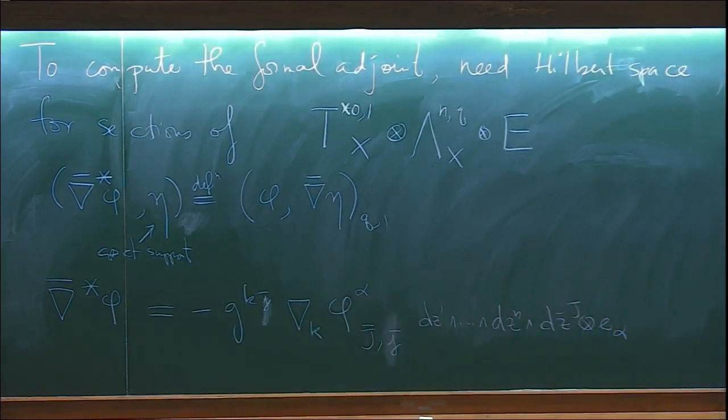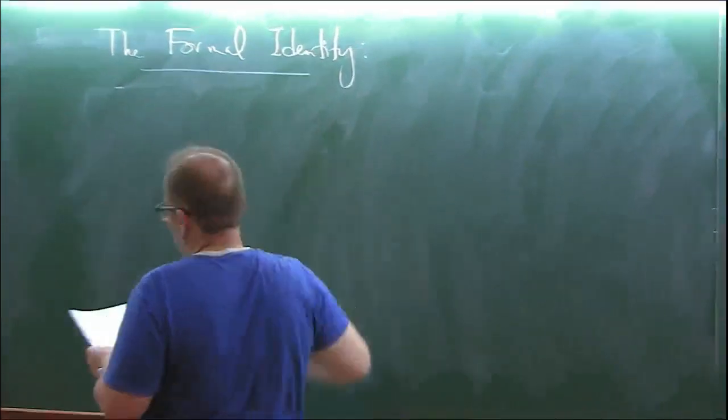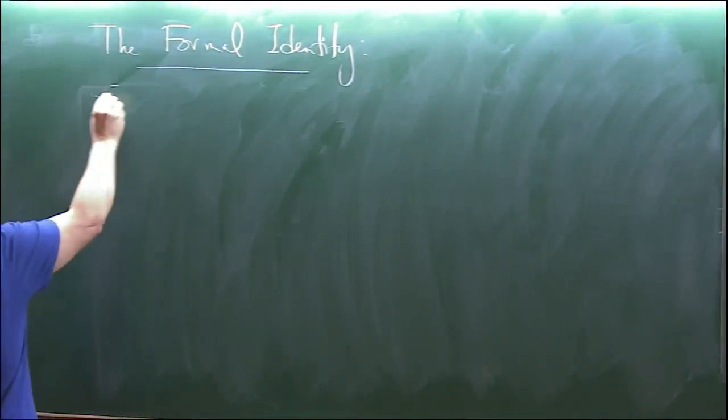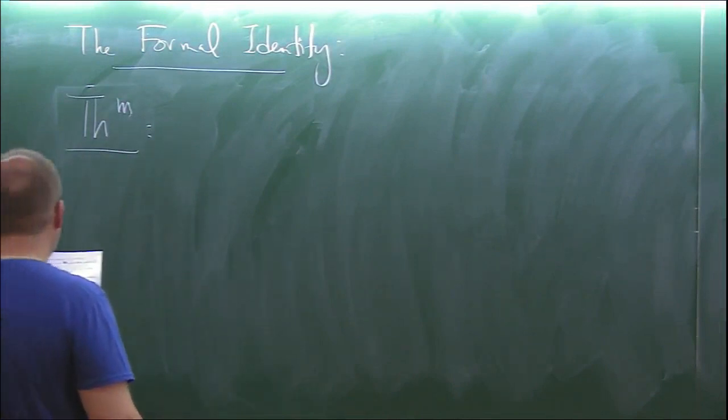Okay, now I'm finally ready to write down the Bochner-Kodaira identity. I'm going to write it as a theorem, and then I'll explain. It'll be again in kind of metaphoric notation.